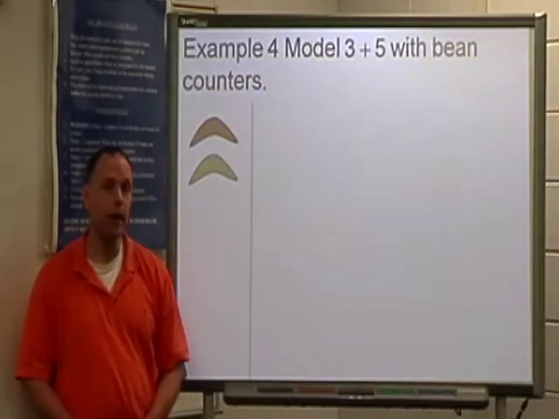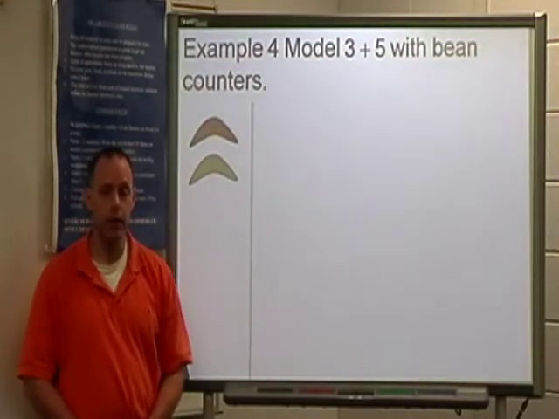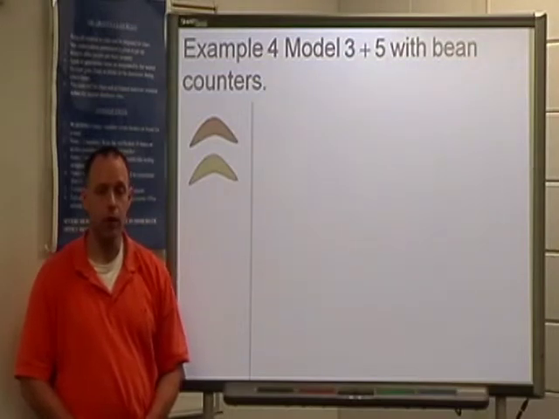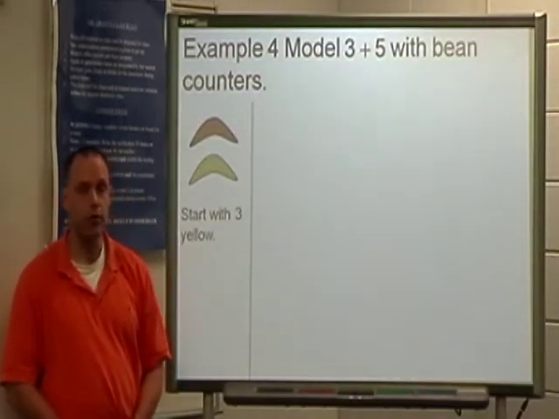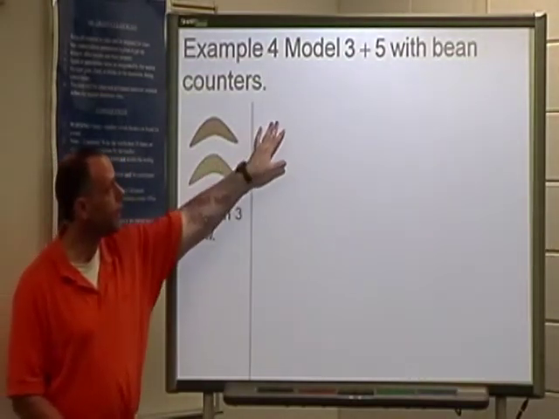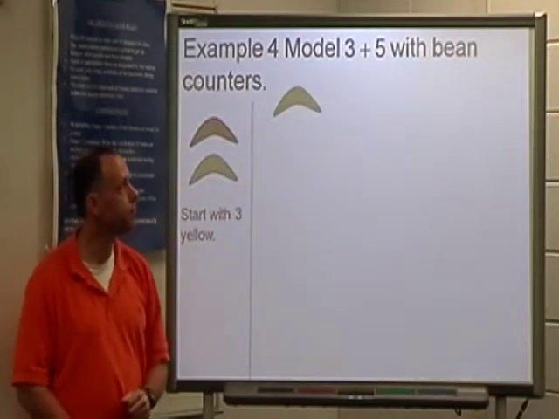Now let's use the bean counters to model adding 2 integers that have the same sign. In this example, we're going to add 3 and 5. So since 3 is positive, I'm going to start by sliding 3 yellow bean counters into my workspace.